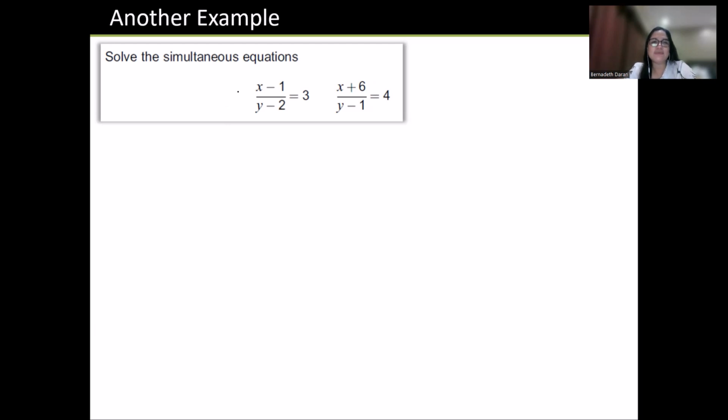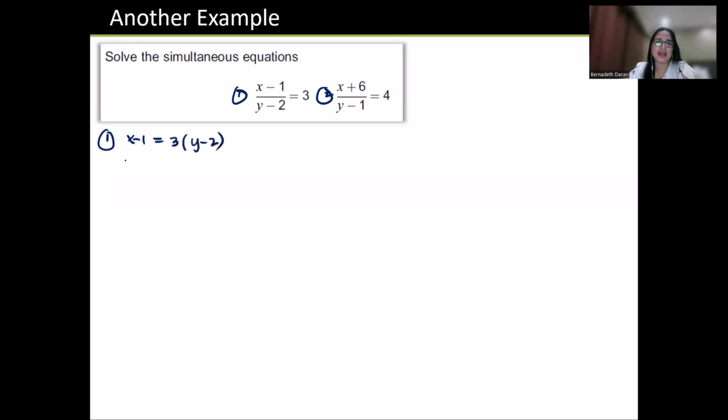So let us name this equation as equation 1, and let's name this as equation 2. Okay, so for equation 1, let us simplify. So this is going to be x minus 1 is equal to 3 multiplied to y minus 2.